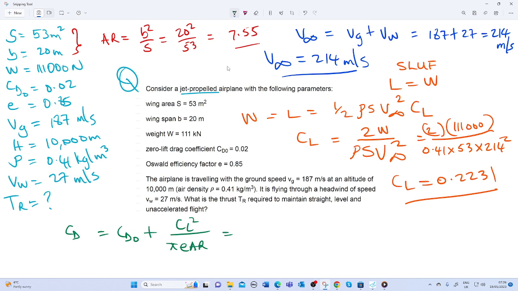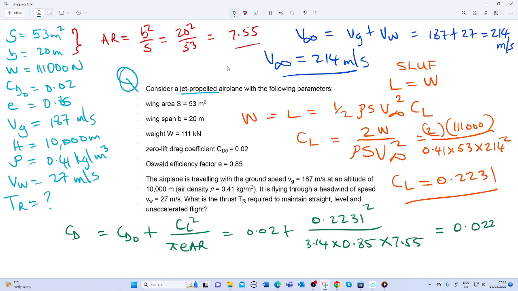That gives us our CD0 0.02 plus what's our CL, 0.2201, which is calculated, squared over 3.14 times the efficiency factor 0.85 times our aspect ratio, which is 7.55. That gives us 0.0225. That's our coefficient of drag calculated.